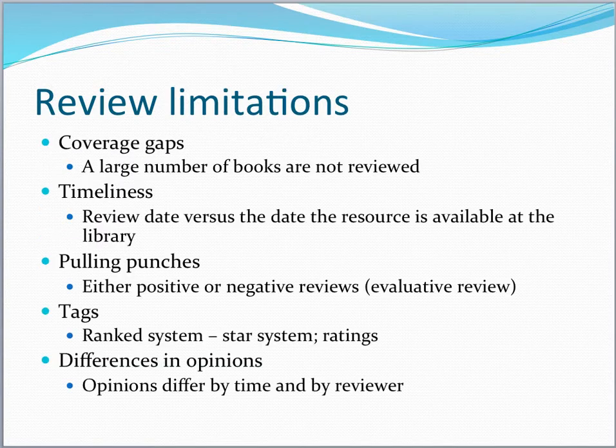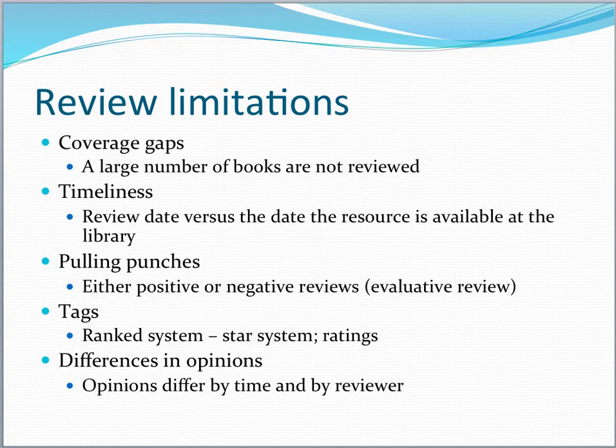Some of the review limitations, of course, are coverage gaps, and this is the difference between the number of materials being published yearly and the number of materials or books that get to be reviewed. And there's a large gap.